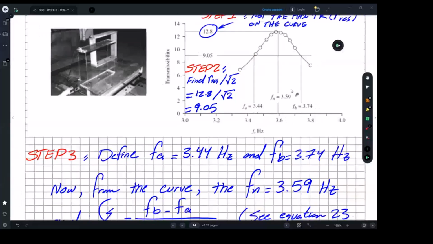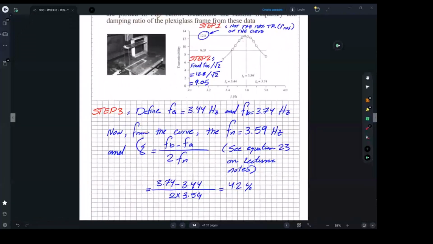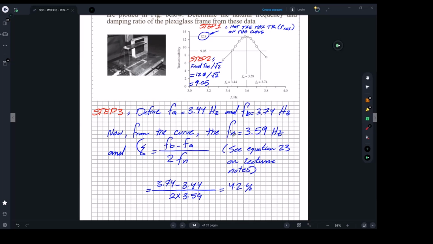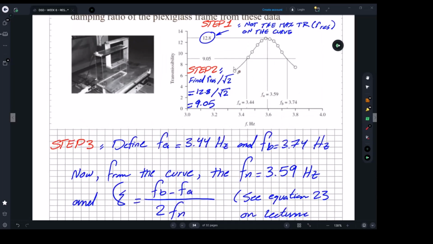And FA and FB will help you determine your damping ratio. All right. So step 1, you just read it from the graph. And step 2, you apply the half bandwidth concept, which is applicable for all the frequency ratio curves.